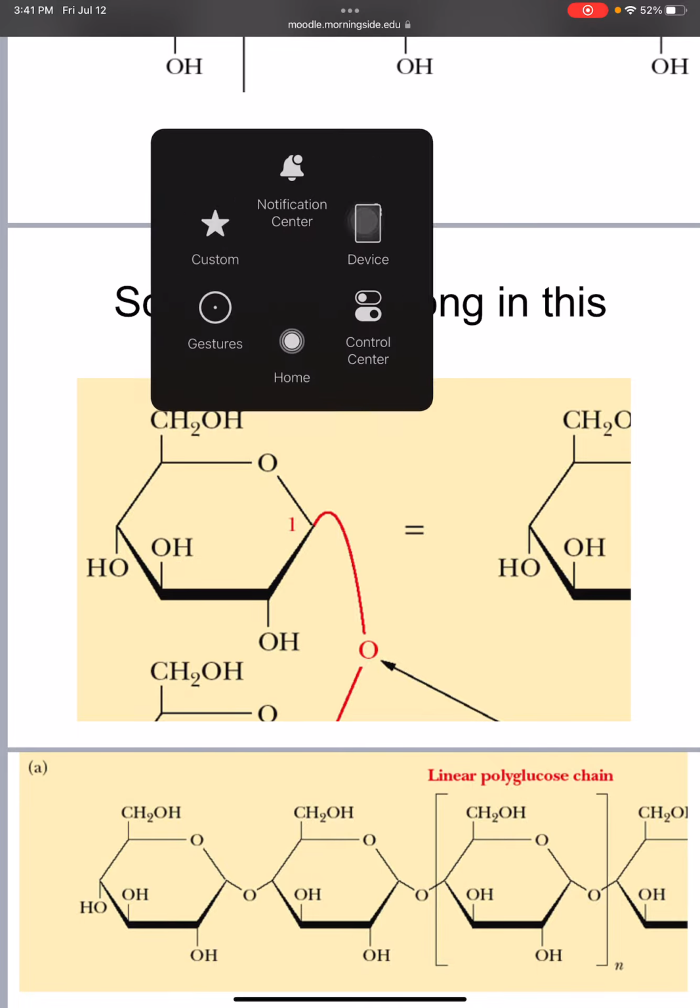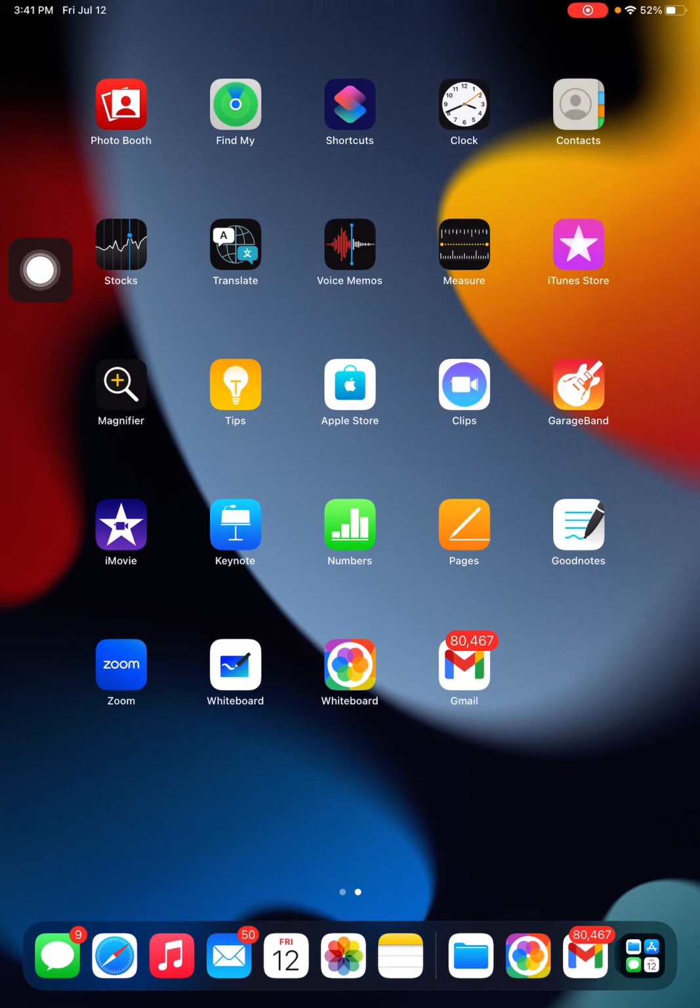Here, just to avoid any confusion, I'll draw what it should have looked like over here. So just give me a second.